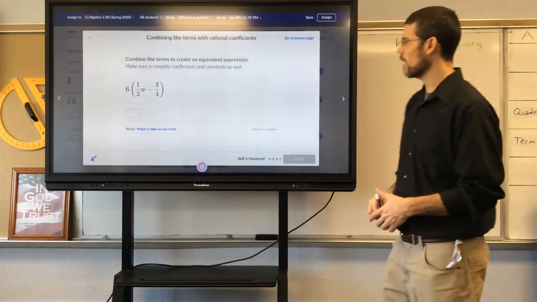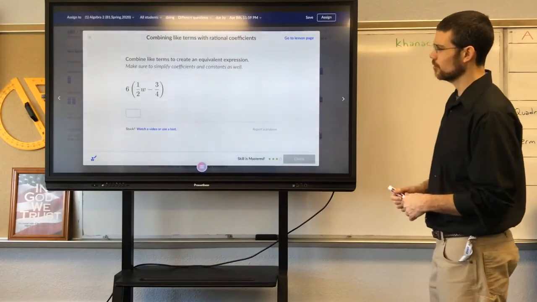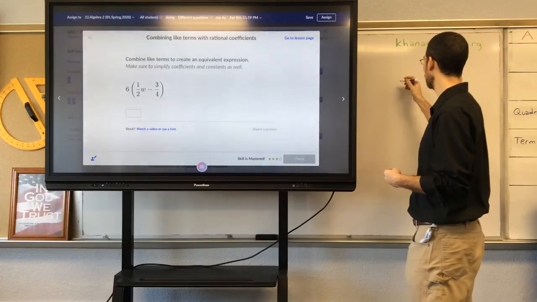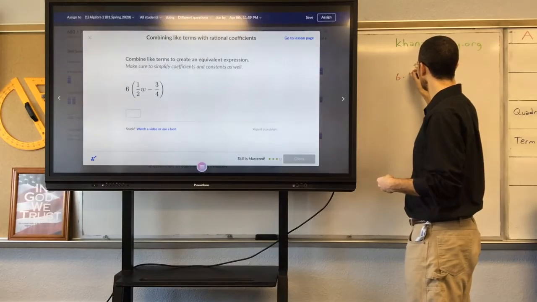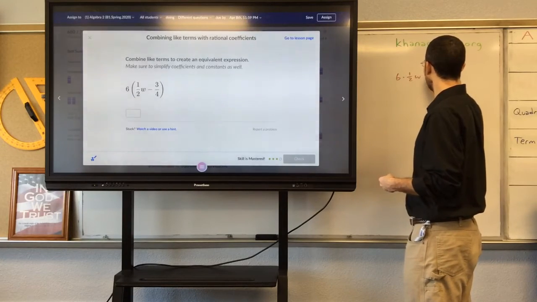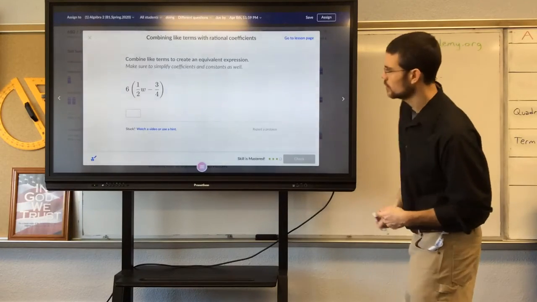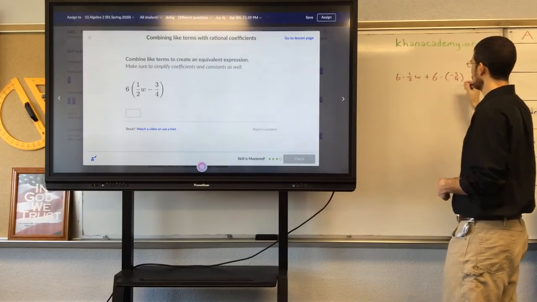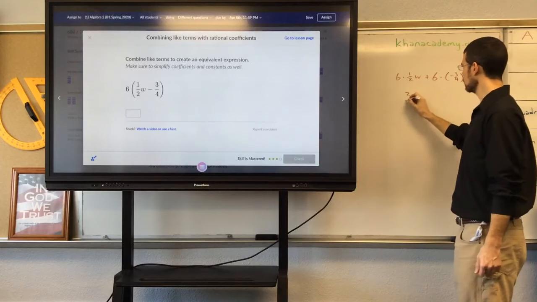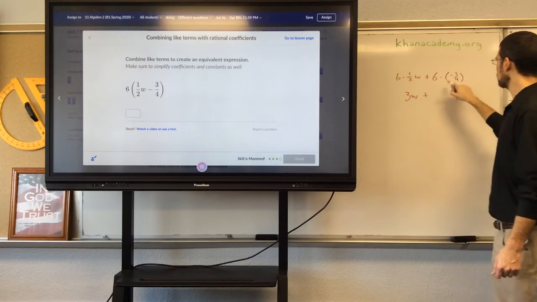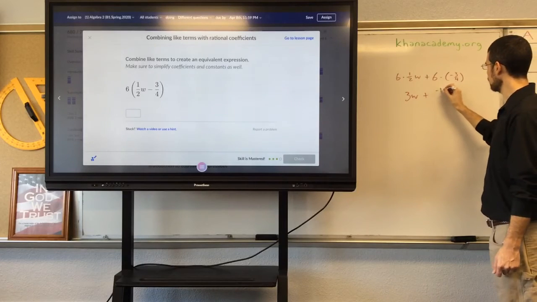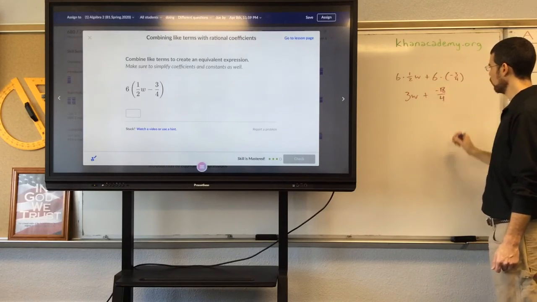Six times 1/2 w minus 3/4. So 6 times each of those we distribute. 6 times 1/2 w and 6 times negative 3/4. 6 times 1/2 is 3, so 3w. 6 times negative 3 is negative 18, all divided by 4.